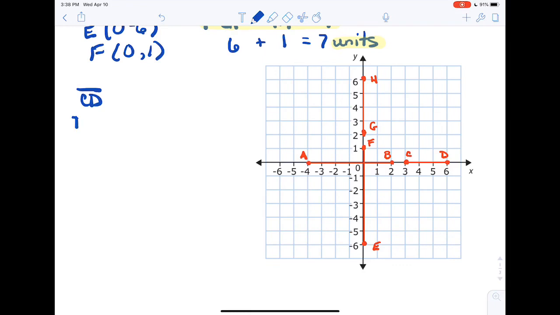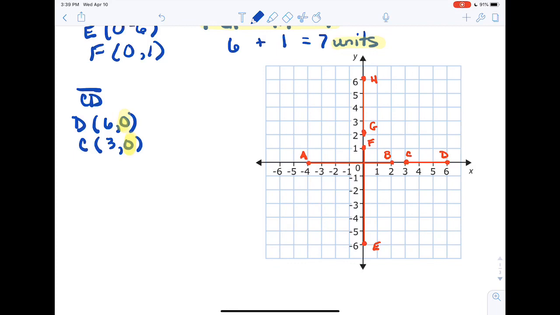The coordinate of D is 6, 0. And the coordinate of C is 3, 0. Okay, now that we know that, we can see that our y coordinates are equivalent. They're the same. So we know this makes a straight line on one of the lines on our graph.